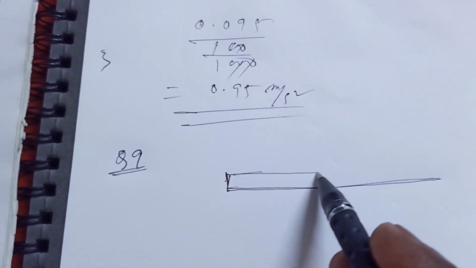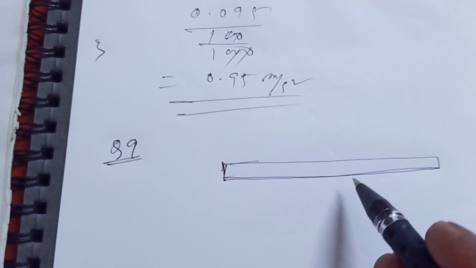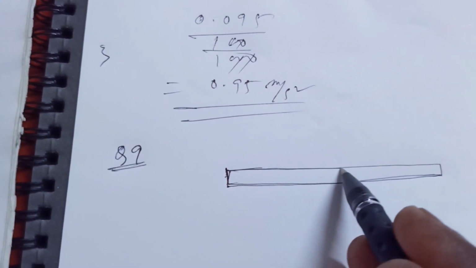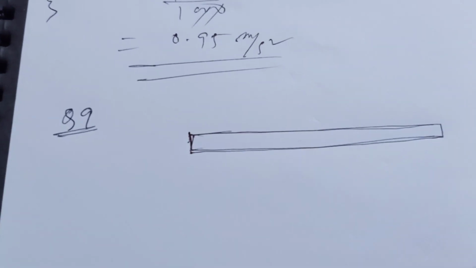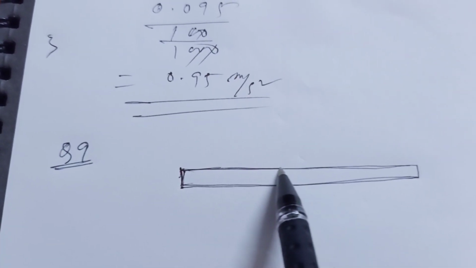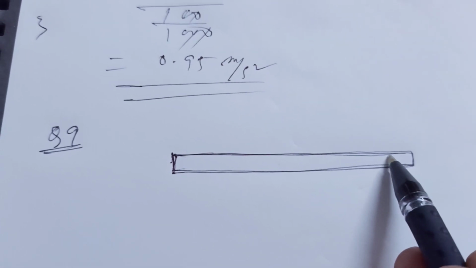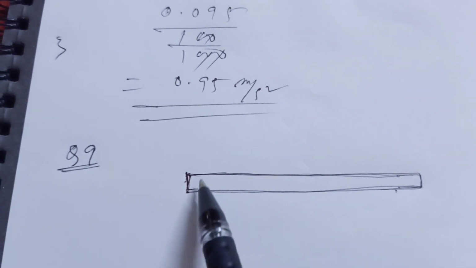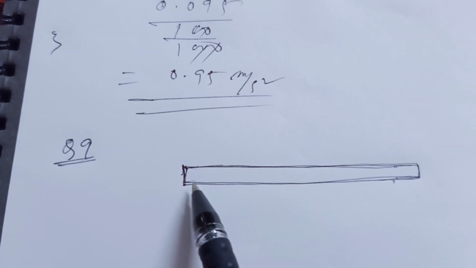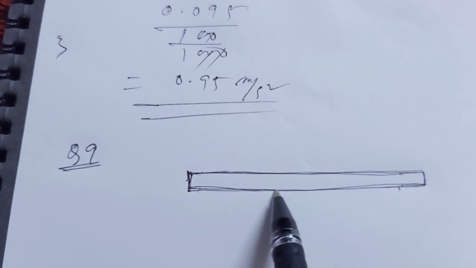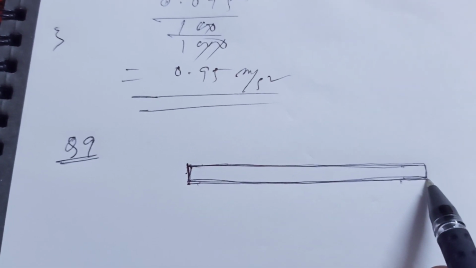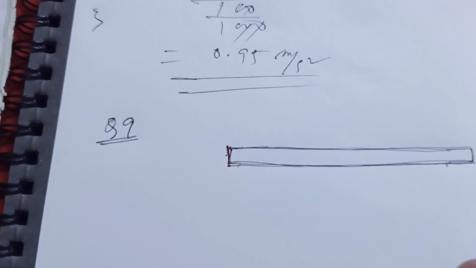Uniform means the mass distribution is the same. Suppose one portion were sunk in and another portion bulged out, then it is not uniform. If the meter rule is totally uniform, that is called a uniform meter rule.